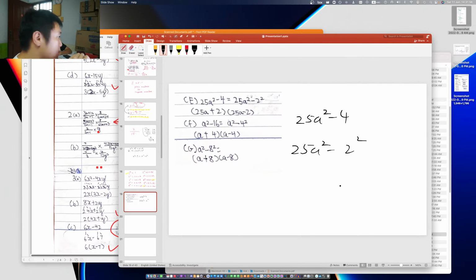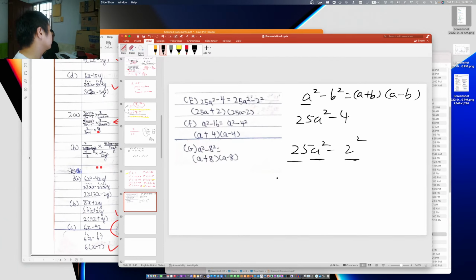The formula is this. You need to get it into a square. Your a square is here already. Your 2 square is here already. But your 25 needs to be something square also, which you did not. So you need to get your 25 into something square.